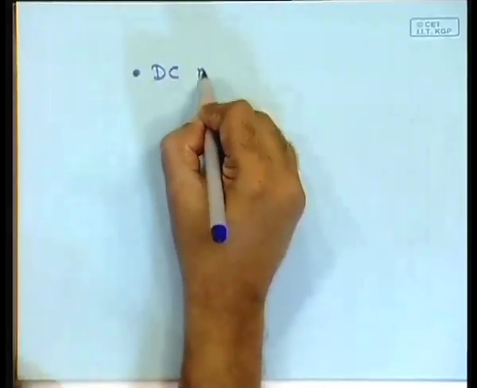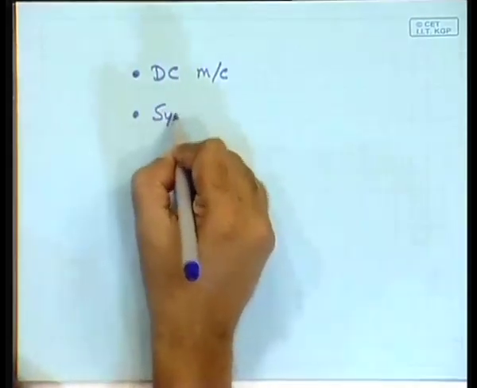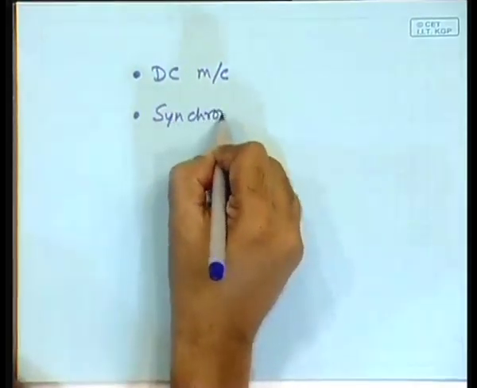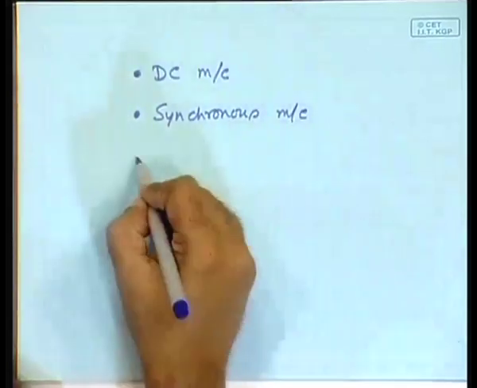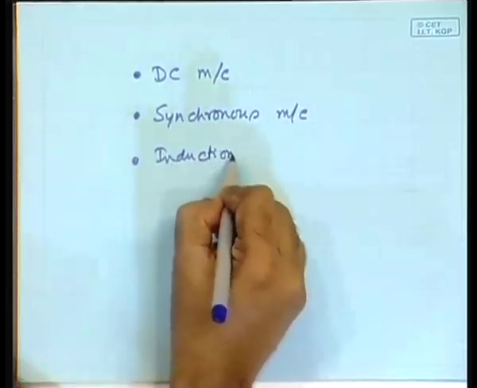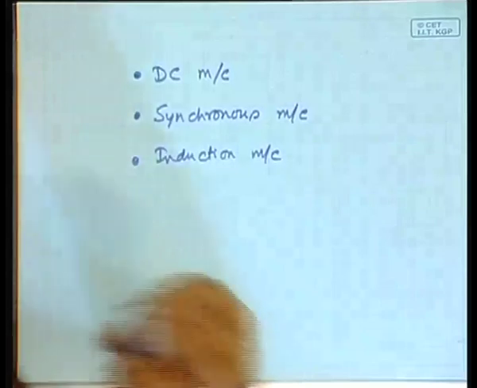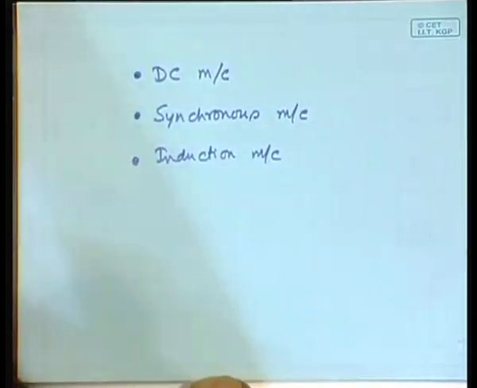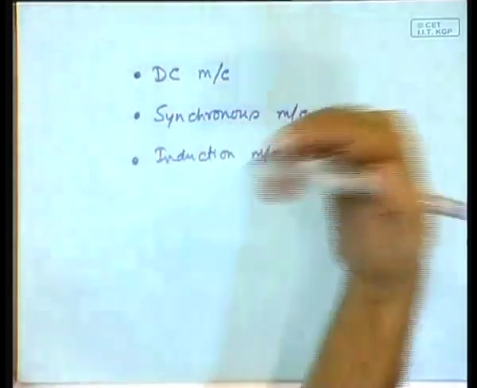One, DC machines. Synchronous machines. And induction machines. Out of this, which one will you choose, or what is the comparison between the characteristics of each one?